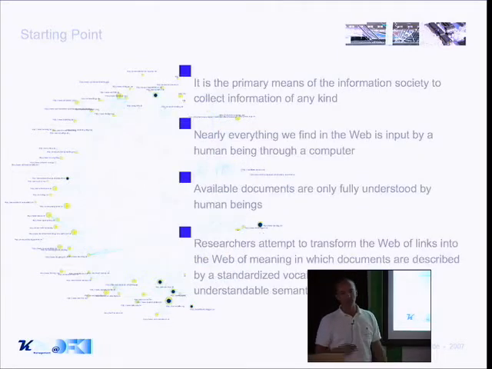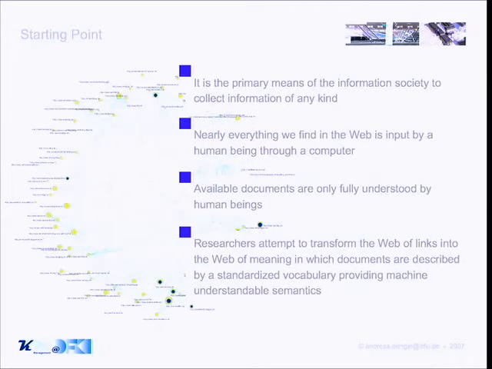This is an outcome of the recent trends everywhere, where it's a primary means of the information society that we put all the information together, mainly on the web, so everything we have can be found on the web today. Scientists publish their papers, salespeople put their catalogs of new products on the web, and journalists have their news available.